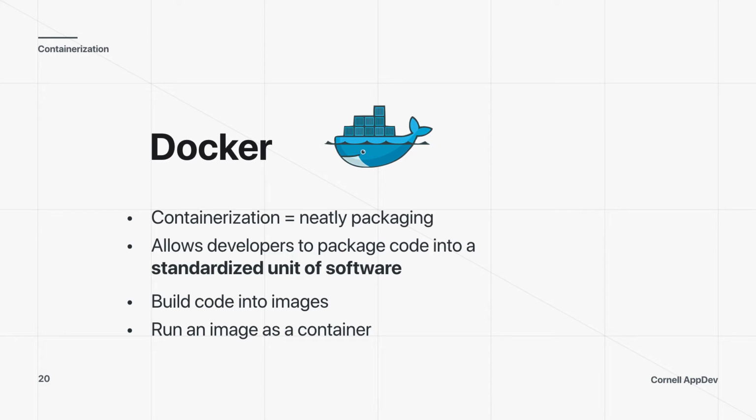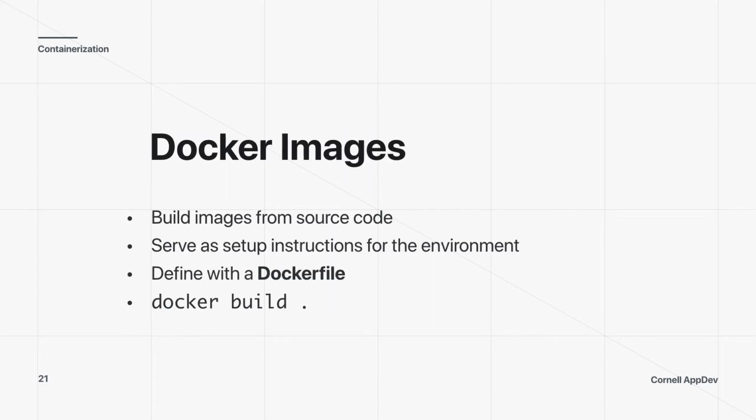So put Python and Flask and requests in this nice little package and build it with our application code, and have this run as a so-called container so that we can deploy our application. But we'll go more in depth into this.